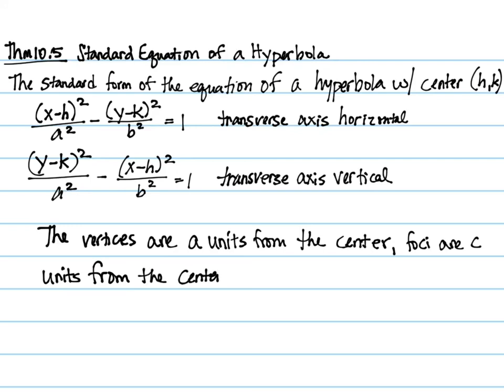But here c squared is actually a squared plus b squared, and we add them. So I'll draw a picture of this next time, but you have those in your notes already.